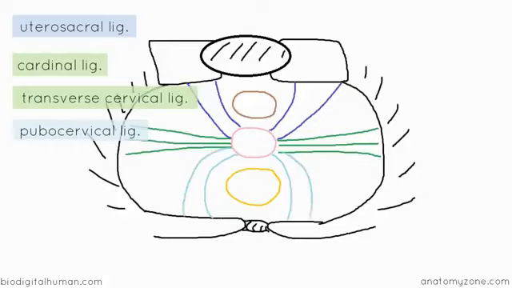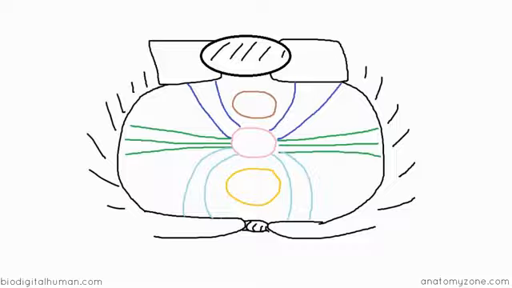So this ligament extends forwards from the cardinal ligament onto the pubis on either side of the bladder. So those three ligaments, together with the levator ani muscle, which forms the bulk of the pelvic floor, are responsible for supporting the cervix and the uterus, and also the vaginal vault.